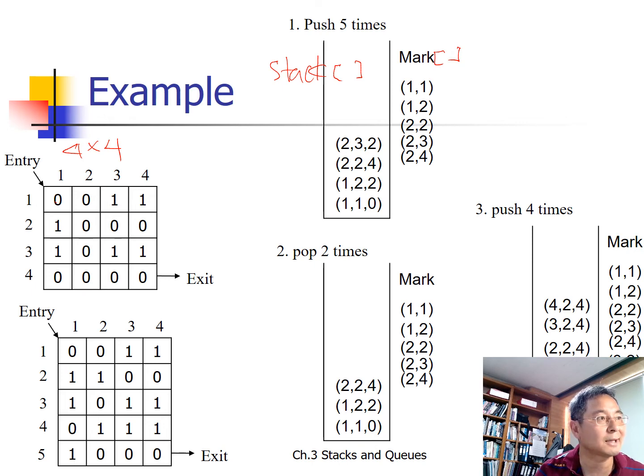So we will start from 1, 1, this location 1, 1, and it will go to this one, and 1, 2. This is no meaning, but this is a 0, 1, 2 directions. 2 direction is used here.